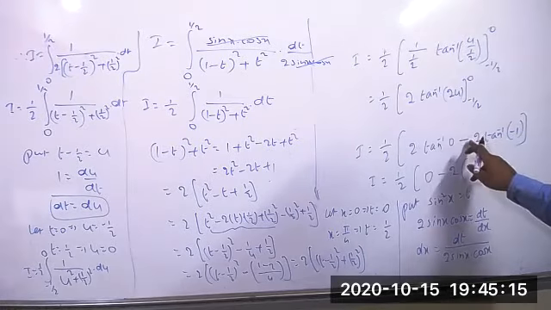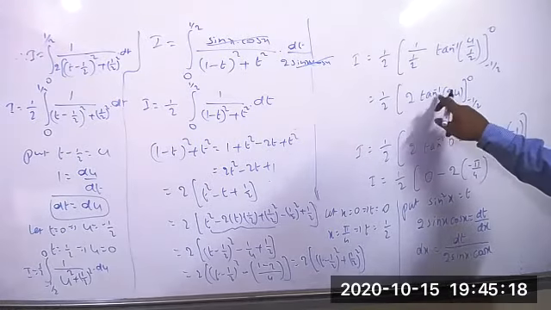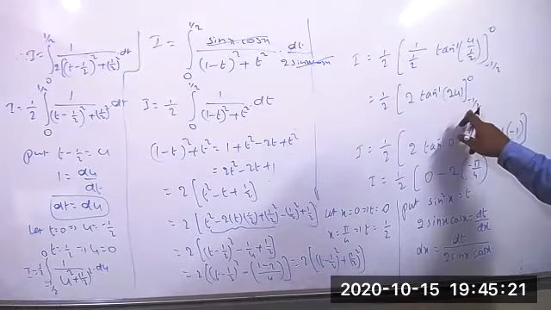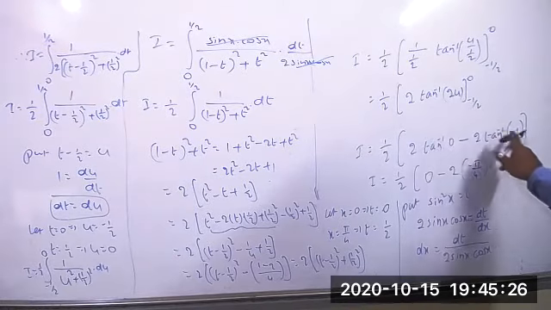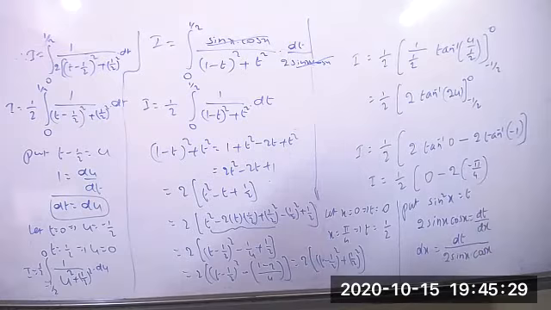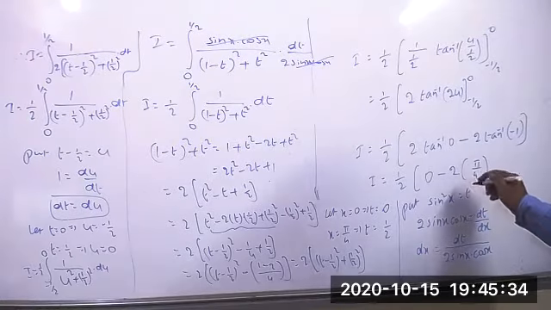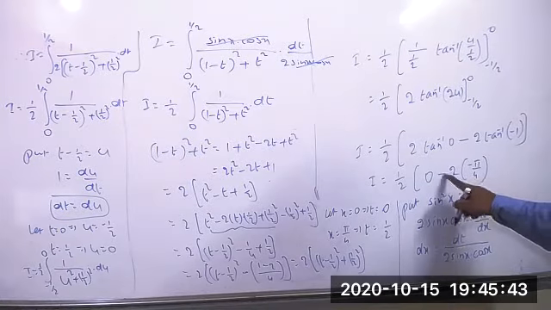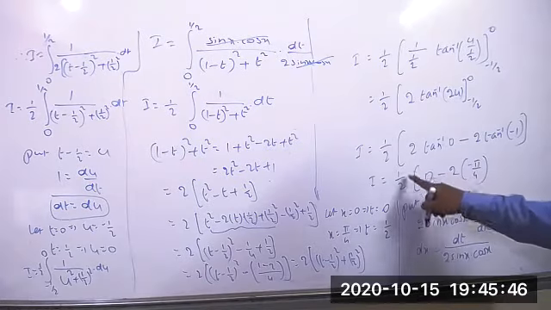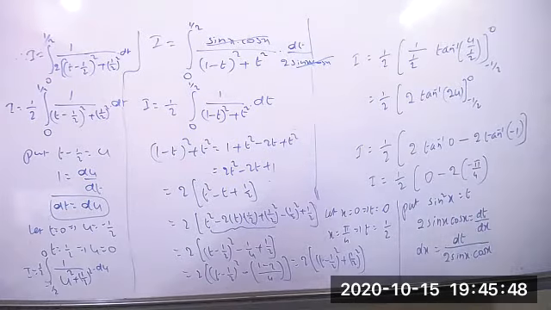So 2 tan inverse of 0 minus 2 into tan inverse of 2 into minus 1 by 2, correct? u equal to minus 1 by 2, the 2 will be cancelled, so only minus 1 is there. So 2 tan inverse of minus 1. Tan inverse of minus theta equal to minus tan inverse of theta, so tan inverse of 1 means minus pi by 4. The two minus signs cancel, so minus into minus is plus, pi by 2 is remaining. But 1 by 2 into pi by 2 equal to pi by 4 we are getting.